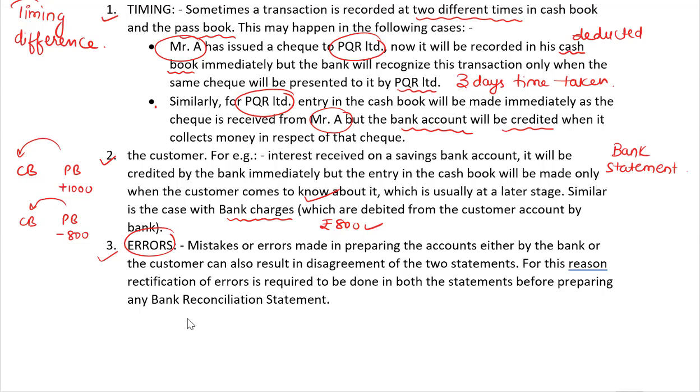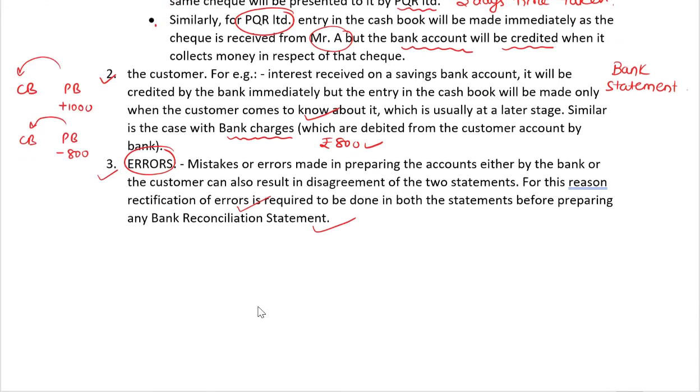Point number 3 is errors. That means mistakes or errors in preparing the accounts, either by the bank or the customer, can also result in disagreement of the two statements. For example, rectification of the error is required to be done in both the statements before preparing the BRS.